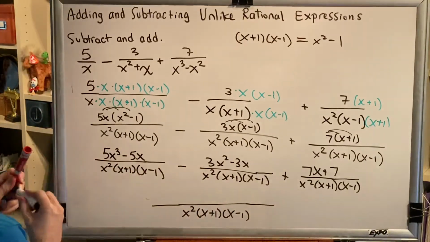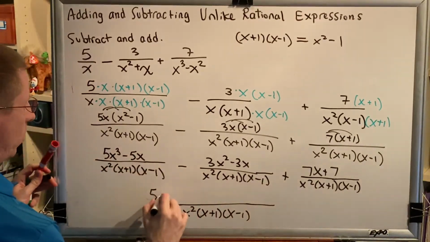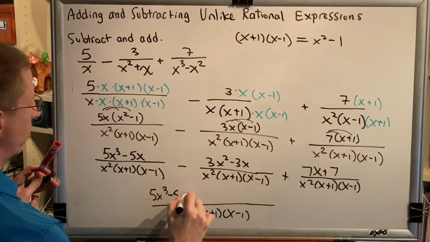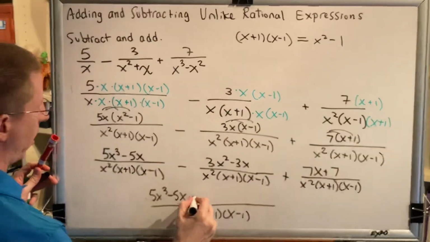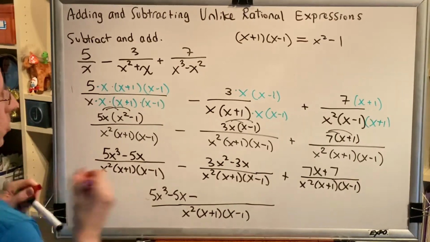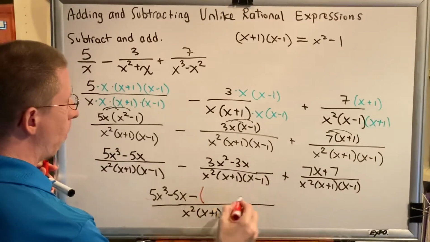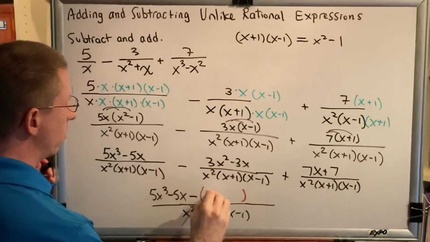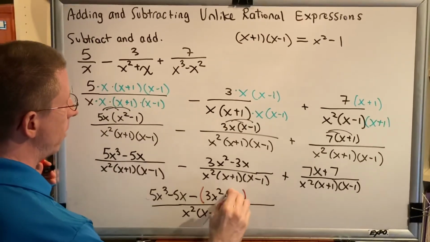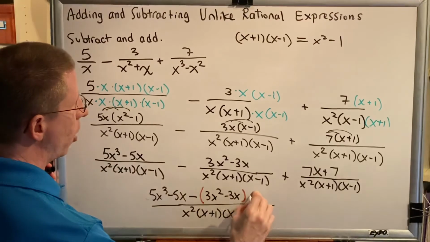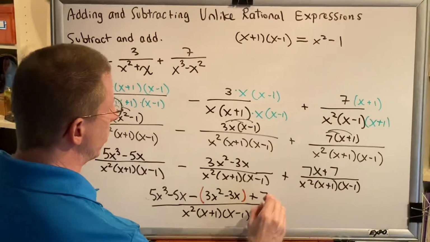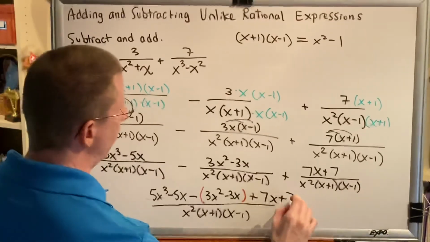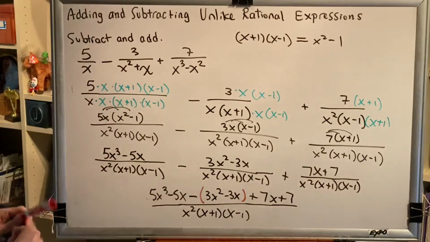So, for example, this 5x cubed minus 5x will be followed by a subtraction sign. And because the numerator that we're subtracting has more than one term, all of the terms must be placed in parentheses. 3x squared minus 3x. There is no such rule for adding. You can simply place the 7x plus 7 after the plus sign.